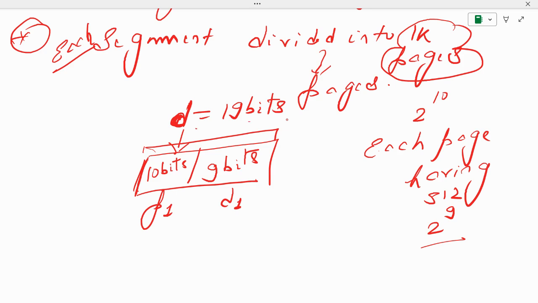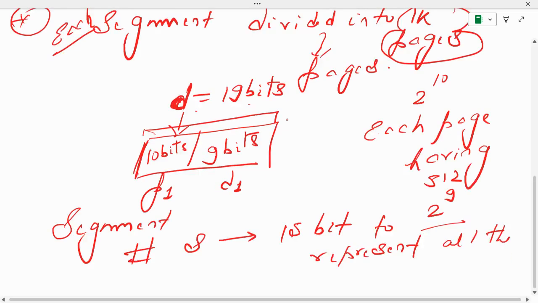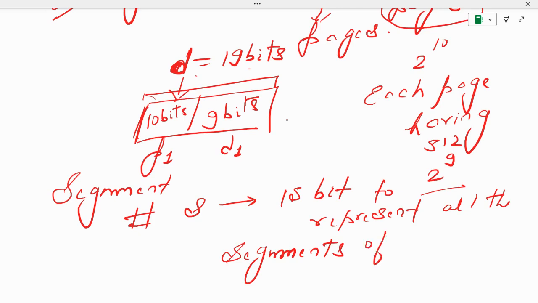Now the segment number, that is S, requires 15 bits to represent all the segments of LAS.